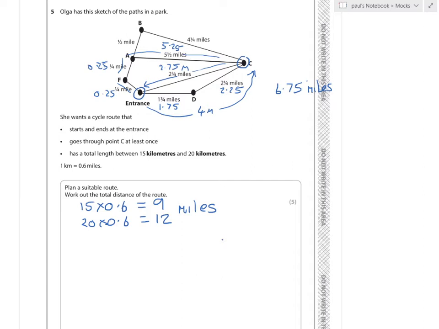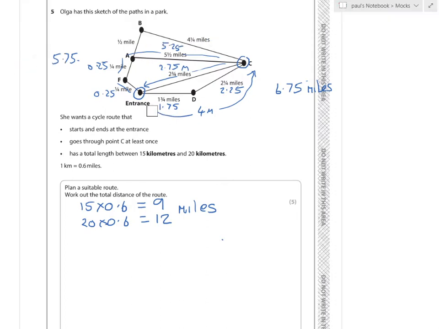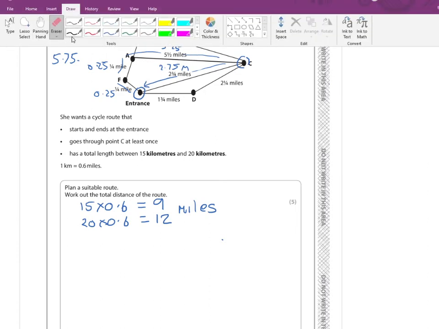That's 5 and a quarter, 5.5, 5.75. So that's 5.75 going that way around. So we can do that twice. So we're not going to go that way. That's too far. We're going to go around this lap here. Let's see what that is.